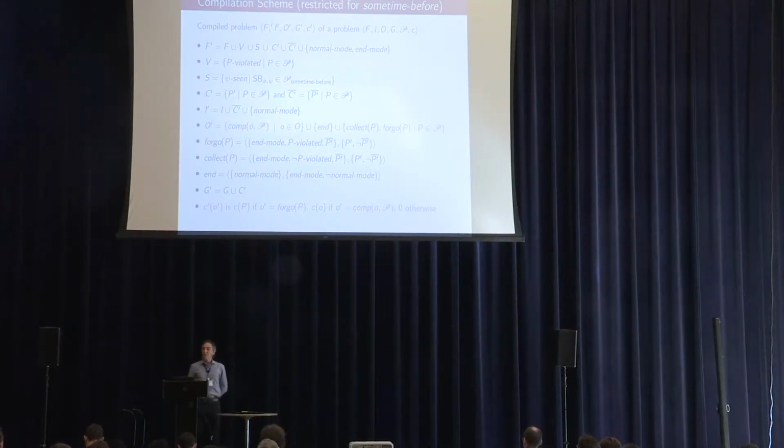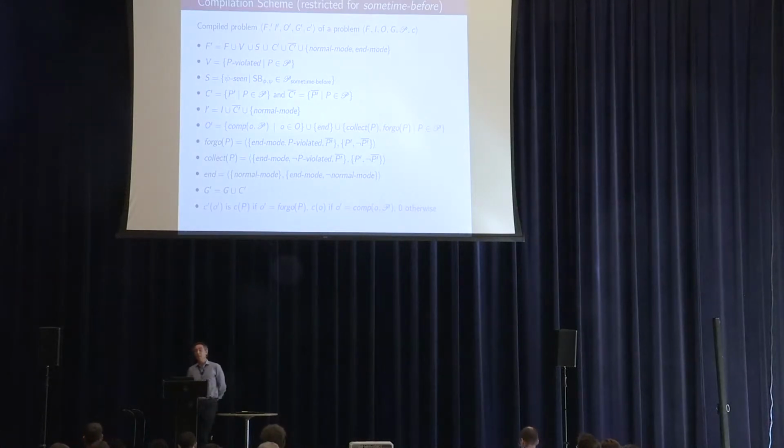So this is the compilation scheme restricted to sometime before, just for simplicity. And the other constraints can be easily handled in a modular way by adding other elements to this schema. And in the rest of the talk, I will just illustrate one thing: the compilation of the operators, which is the blue line here.